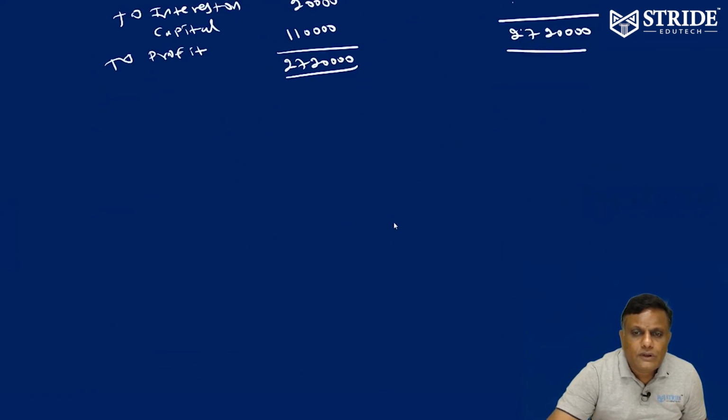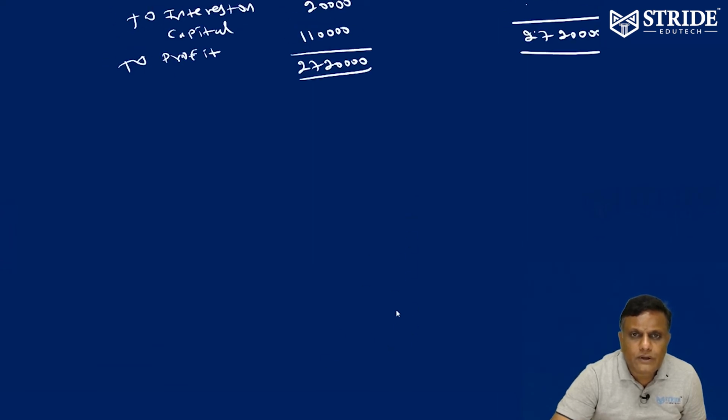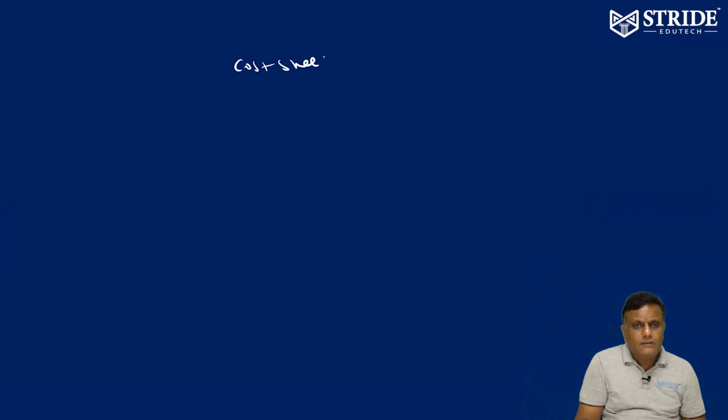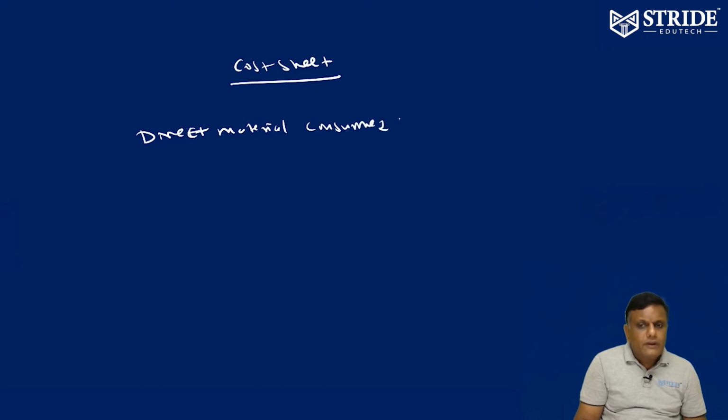Step number 2: you have to prepare the cost sheet. Direct material consumed: if not given separately, in financial accounts we can take it as it is, 10 lakhs. Direct wages, 5 lakhs, taken as it is.